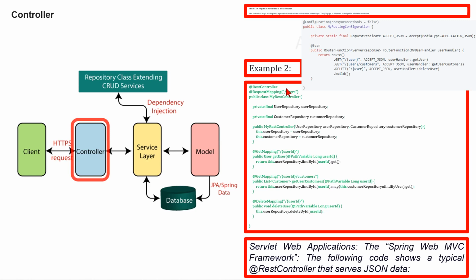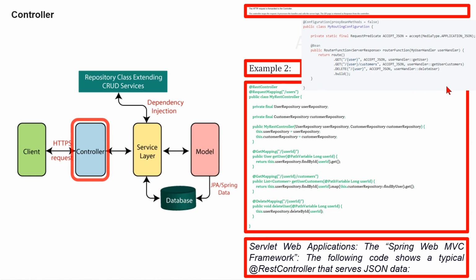Spring MVC lets you create special @Controller or @RestController beans to handle incoming HTTP requests. Methods in your controller are mapped to HTTP by using @RequestMapping annotations. The following code shows a typical REST controller that serves JSON data.